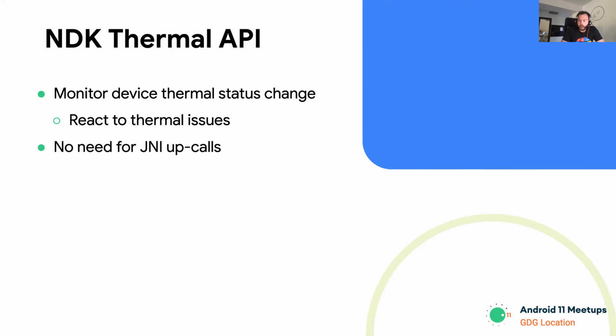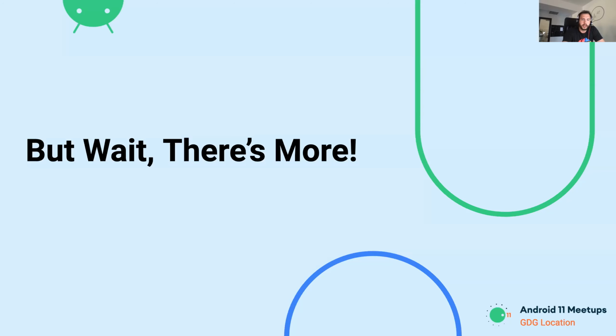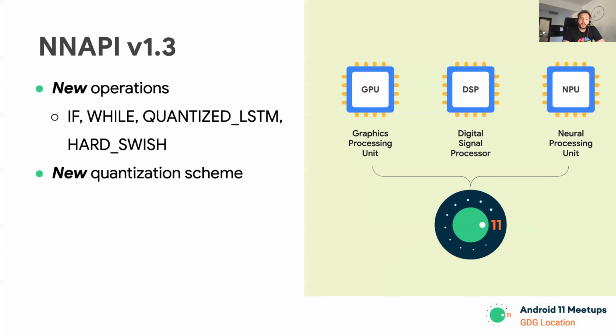Also, in case we want to check when the device gets really hot, there's a new thermal API which allows us to verify how hot the device is and basically chill down the processing that we are doing. Also, moving forward on the neural networks side, in the NN API 1.3 that's being shipped now, there are a lot of nice features when it comes to machine learning support on the device.